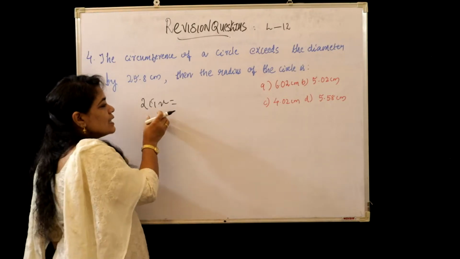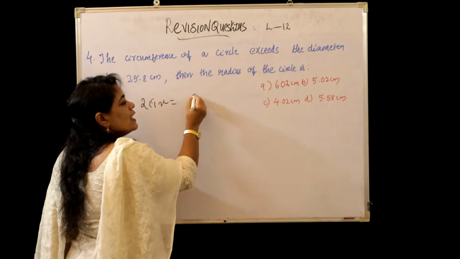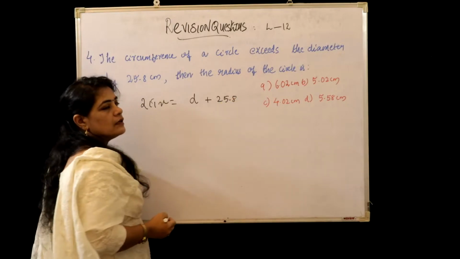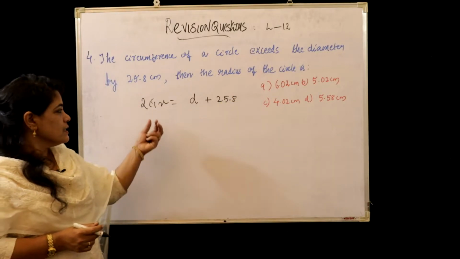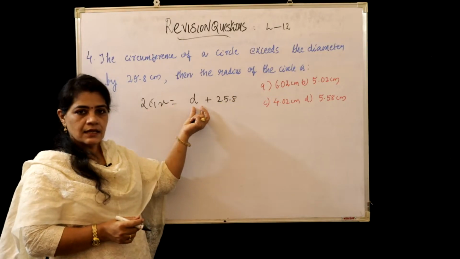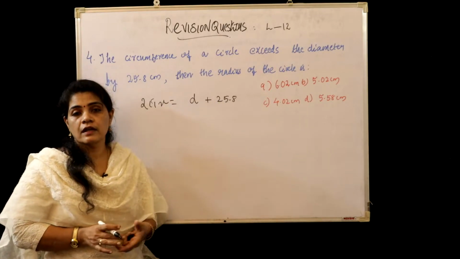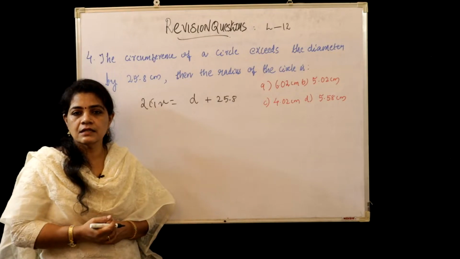That means this circumference is equal to diameter plus 25.8 centimeter. That means the circumference exceeds its diameter by 25.8. This equation is very important. After writing this, the remaining is easy.